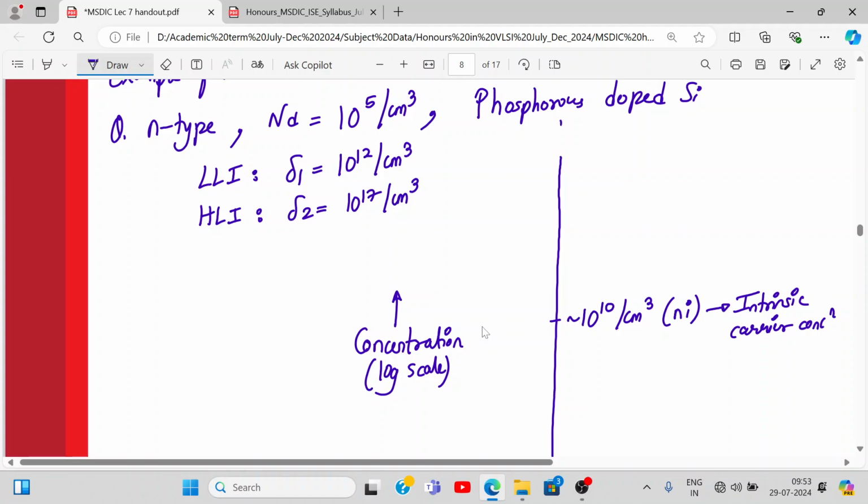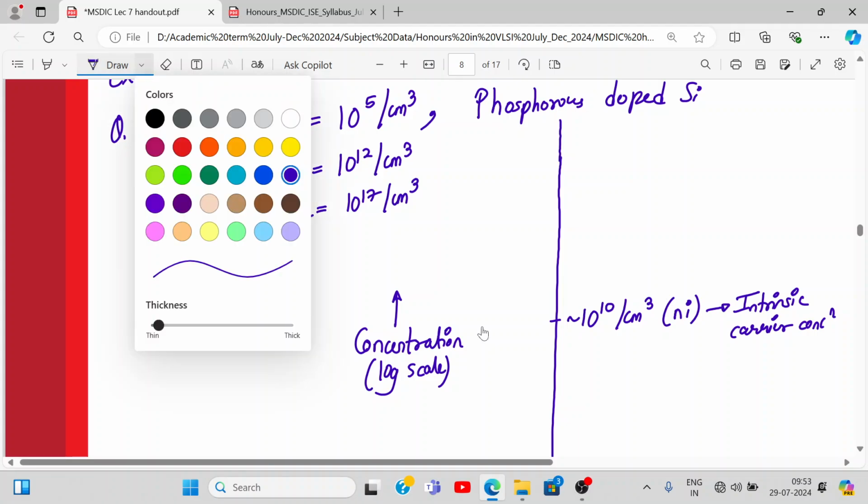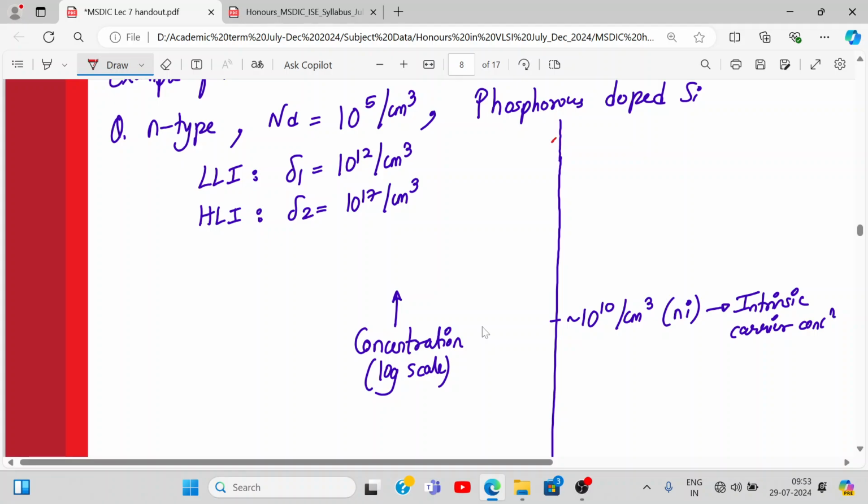Somewhere around here, right? n2, we can say, means high level injection, and that will be approximately equal to p2 also.